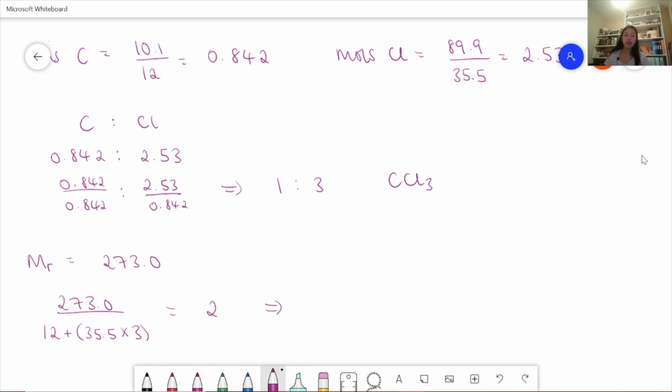And therefore, the molecular formula is equal to C2Cl6, because we multiply all the quantities in the empirical formula by the factor that we've just found, which is 2.